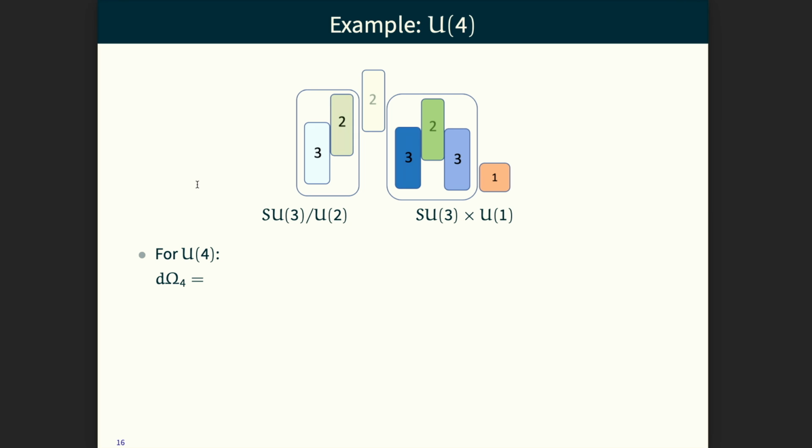So let me show you what this looks like. I took SU4 just because it's sufficiently simple. So for this part here, I took out the U1. That's what the SU3 measure looks like. That's what the distribution of angles looks like here.